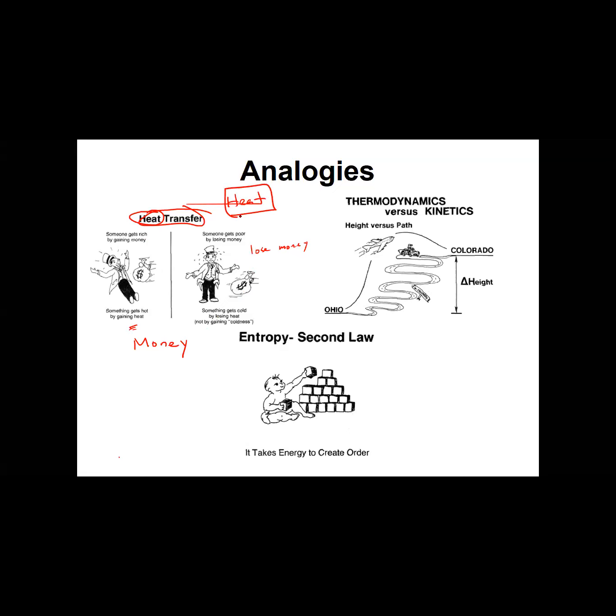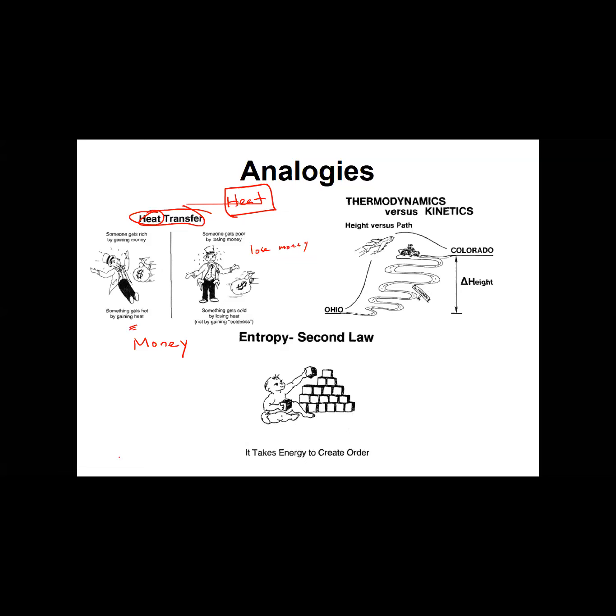So when we say heat, it's usually a concept that we use when an object becomes warm. And the way that heat is transferred is usually from a warm object to a cold object. So when an object becomes cold, it's not because it gains coldness.